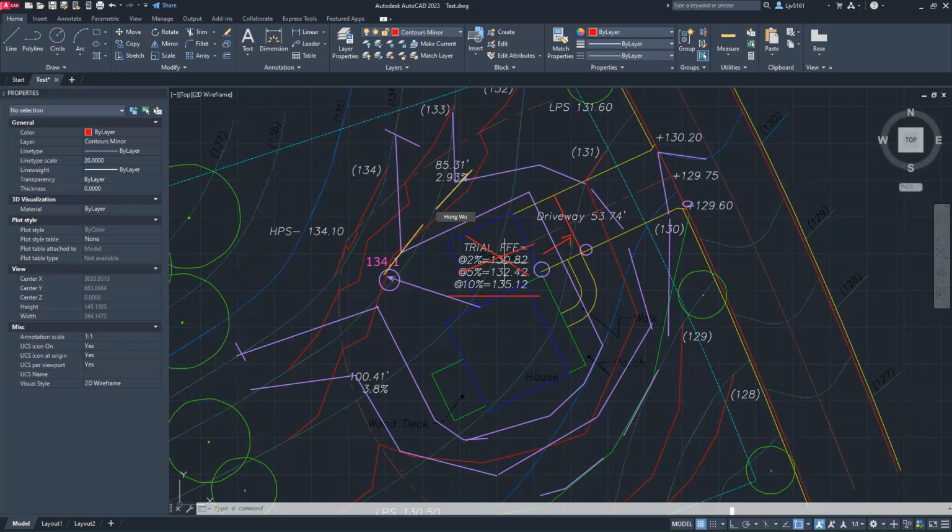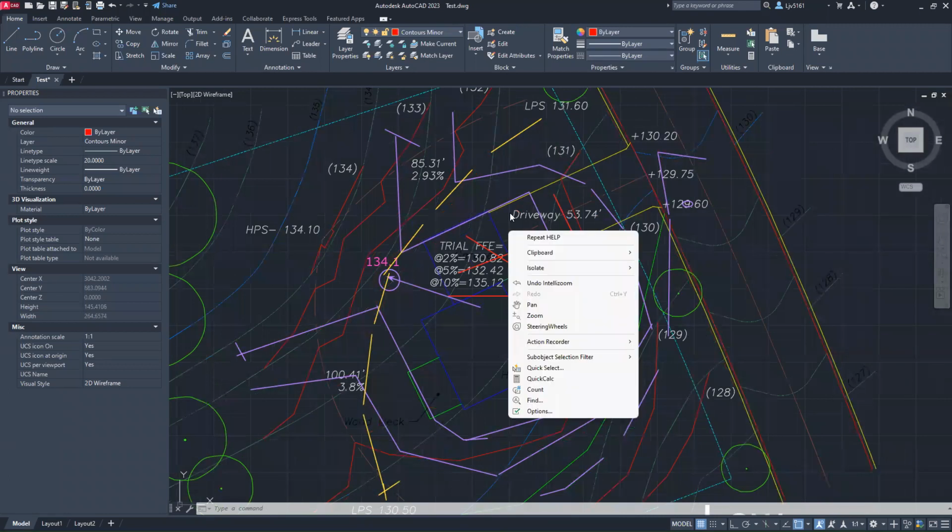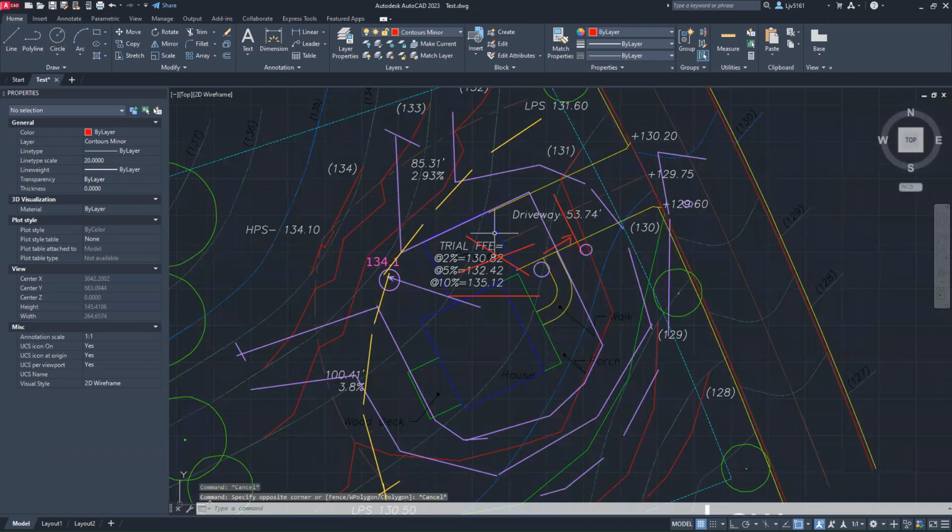Gotcha. Yeah, so that's your center line somewhere here. Start with the driveway, and then move according to driveway, garage FFE, HPS, LPS, centerline slope, draft contours, then adjust the spacing between the contours. That's basically the process of working out the solution.